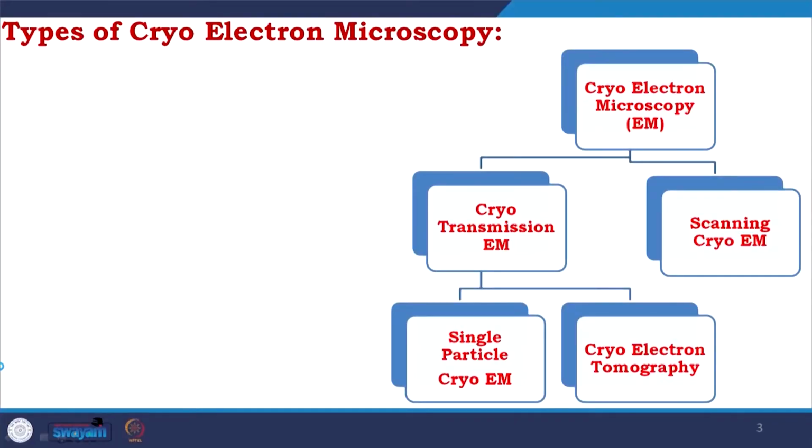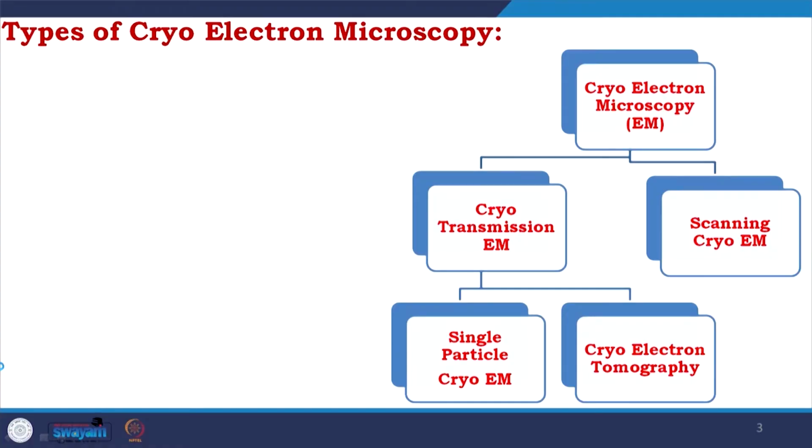Cryo-electron microscopy could be divided into two parts: cryo-transmission electron microscopy and scanning cryo-electron microscopy. The original cryo-electron microscopy comes through cryo-transmission electron microscopy. The cryo-transmission electron microscopy could be divided into two parts.